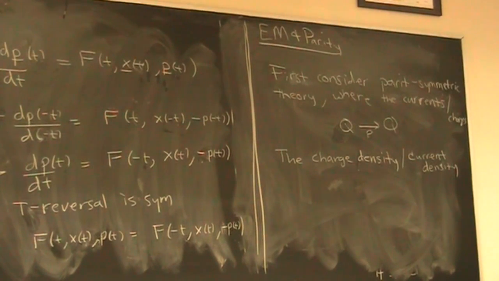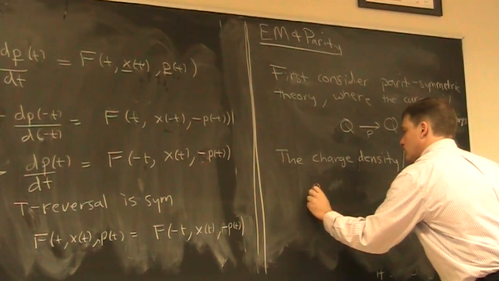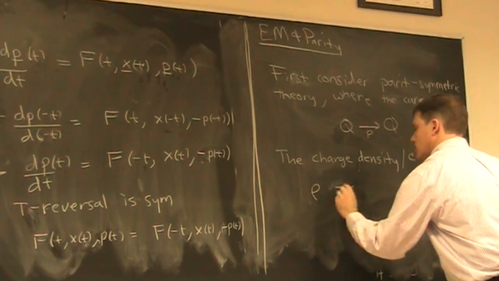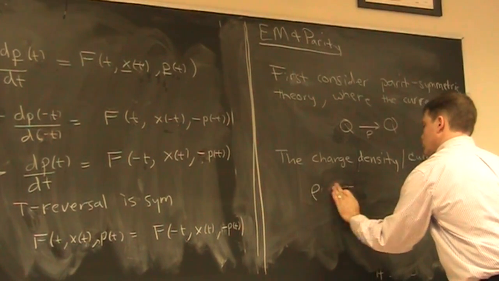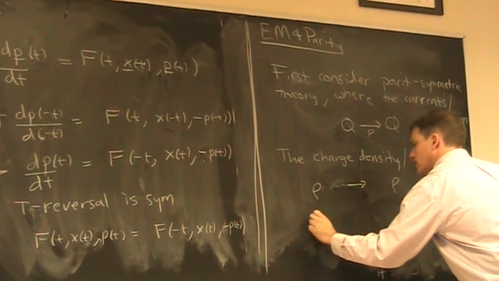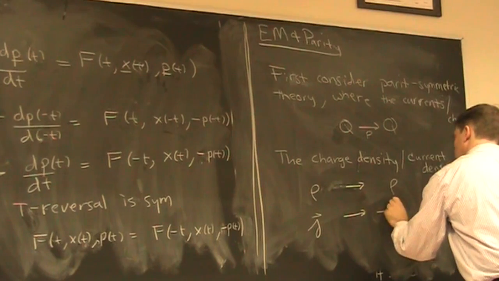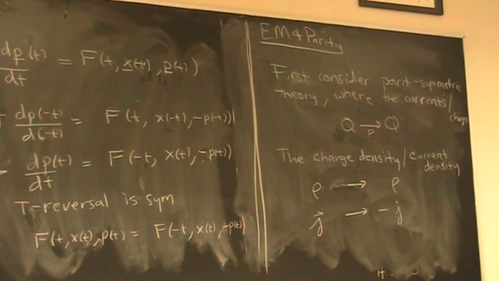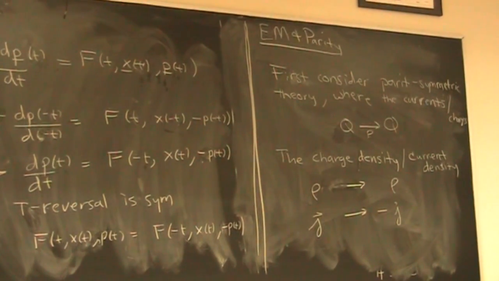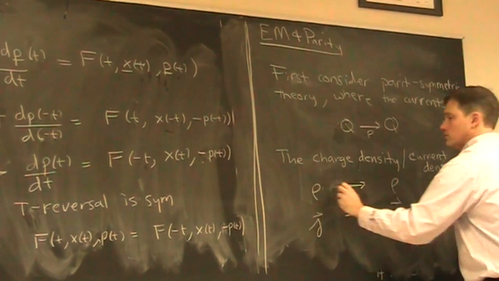So the current should be odd under parity. So we would expect that rho goes to rho, and J goes to minus J, or at least let's assume that they do.